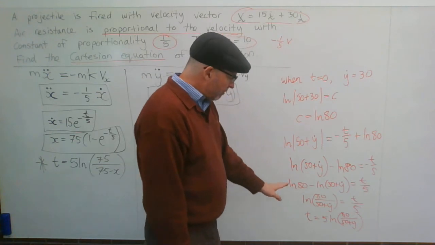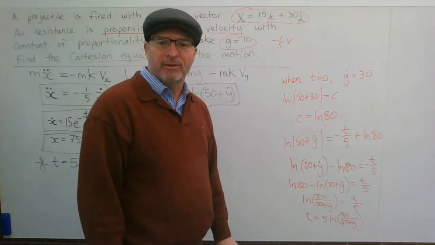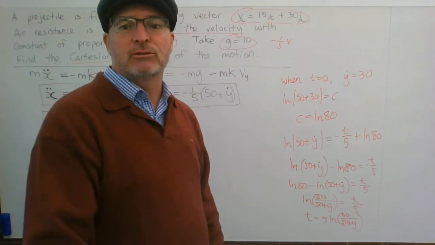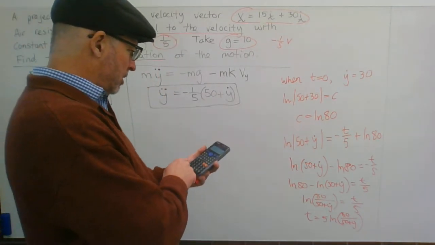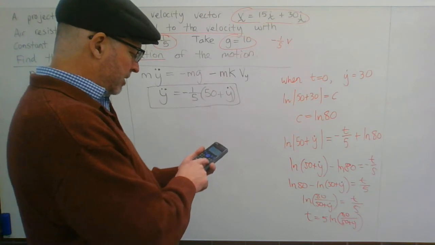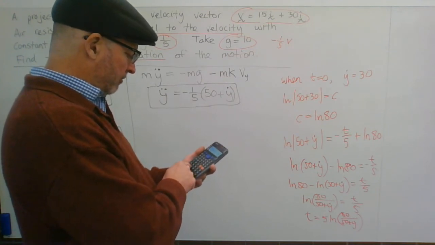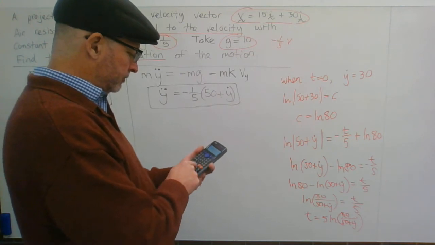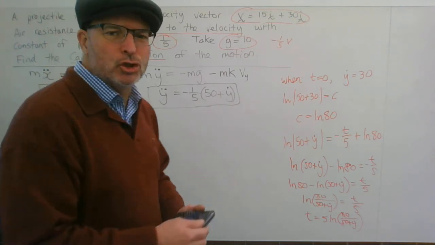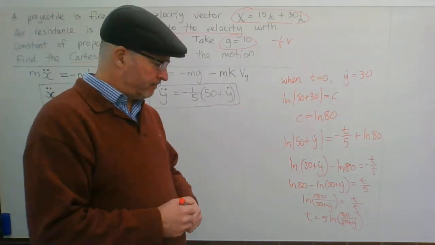That gives me 5 times the natural log of 80 on 50, which is 5 times the natural log of 8 on 5, and I'll get 2.35.